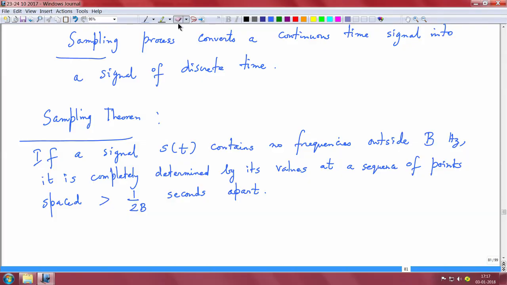So, here determined by its values at a sequence of points spaced less than 1/2B seconds apart, because this is in time, right. In frequency it is greater, in time it is less.